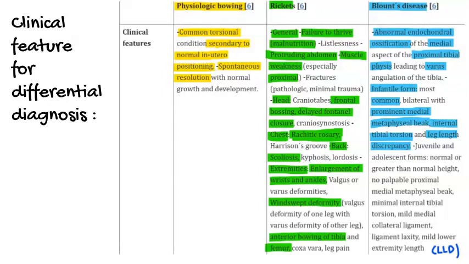Clinical features in rickets. Generally, there is a failure to thrive, malnourished patient. There will be a protruding abdomen, muscle weakness, especially proximal, fractures. The head shows frontal bossing, delayed fontanelle closure, craniosynostosis.